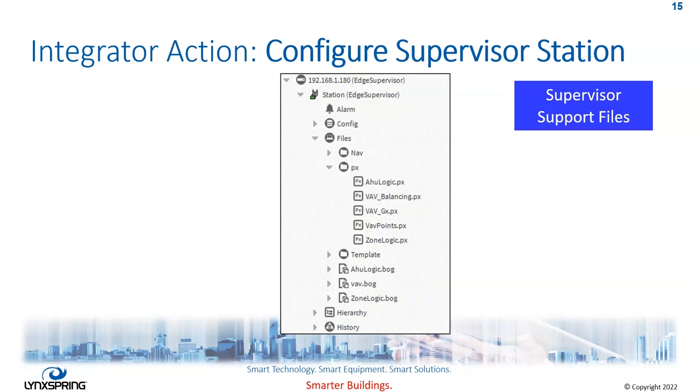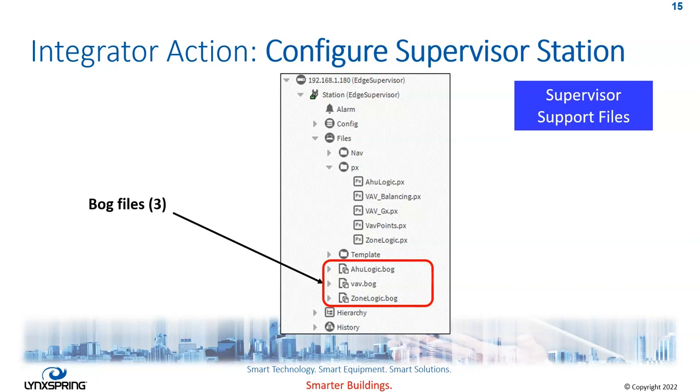Now, the files that are needed for the supervisor contain a template folder, 5 px graphics, and 3 BOG files. So the graphics and template folder are kept in the file folder. The BOG files are copied from the files folder to the supervisor station. The BOG files contain pre-built Niagara programming for quick and standard deployments.